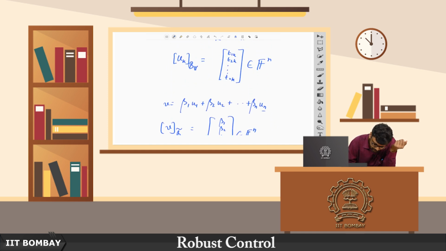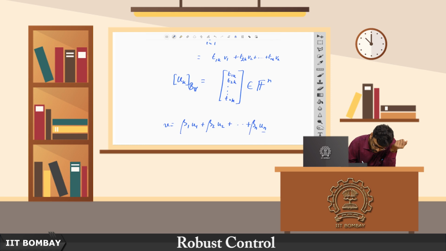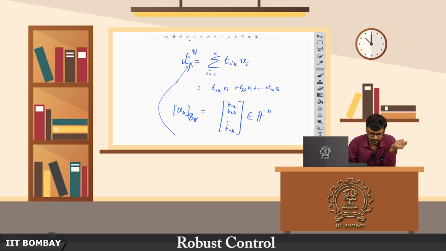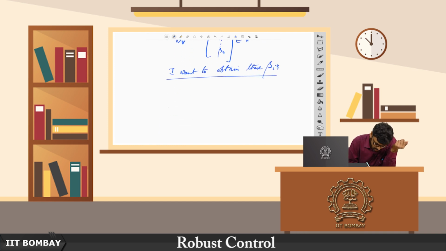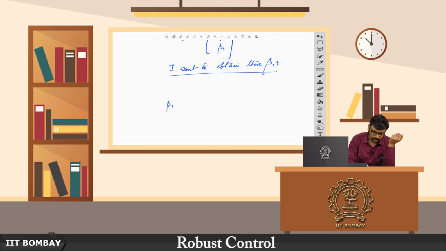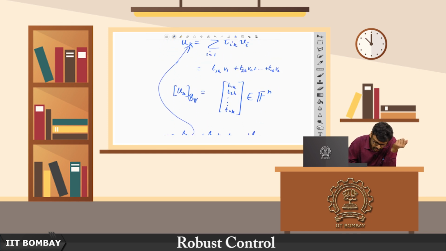Look, I know what these u's look like in terms of the v's, so I just substitute it here. I write this as beta 1 times, and what is u1?